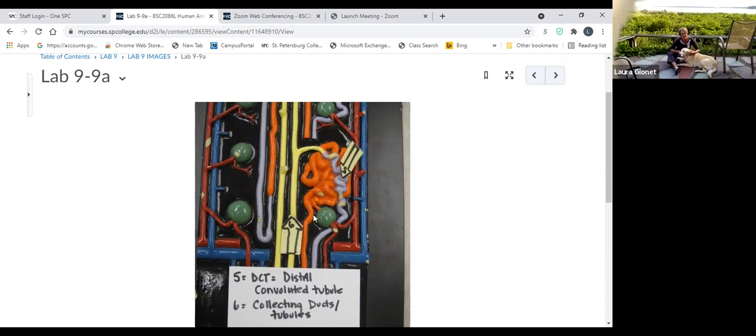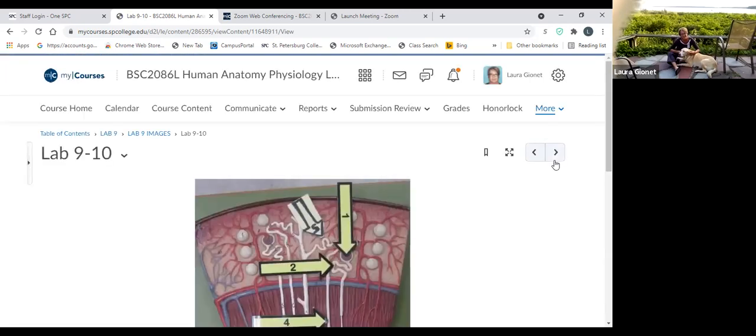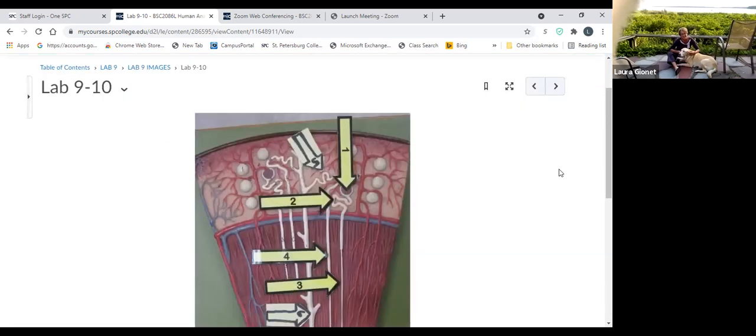What would I secrete into 5 or 6 if I had a blood pH of 7.5 or 7.25? All right, so now start looking at this and going, okay, given that chart of what's secreted and reabsorbed, what would be going on here? What would be being secreted or reabsorbed? That's applying the physiology to these models.